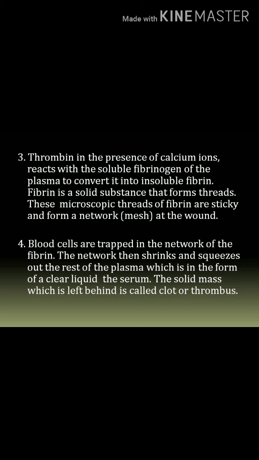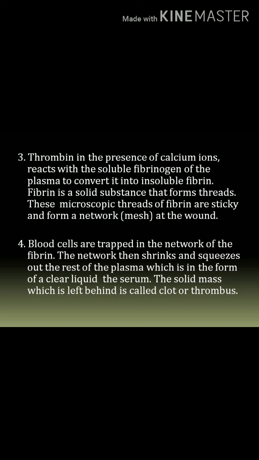This fibrin becomes a solid substance. It forms a thread on the surface of the wound. That thread is sticky in nature and acts as a mesh at the wound. So it prevents the flow of blood out of the body.